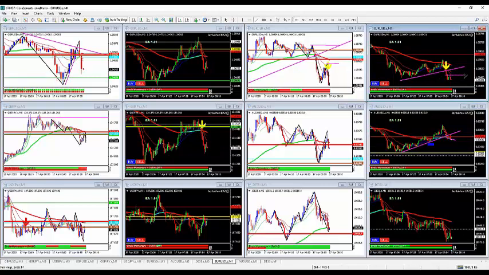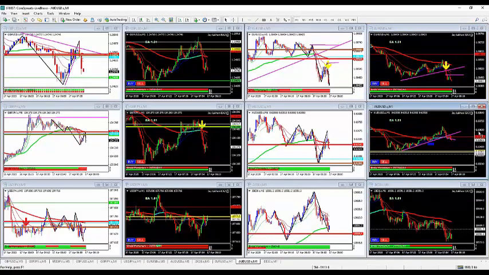But you see, I want that pullback above here. On the euro, it's very little pullback, but you can take a trade there if you want to. So this would be like a 1 minute trade.